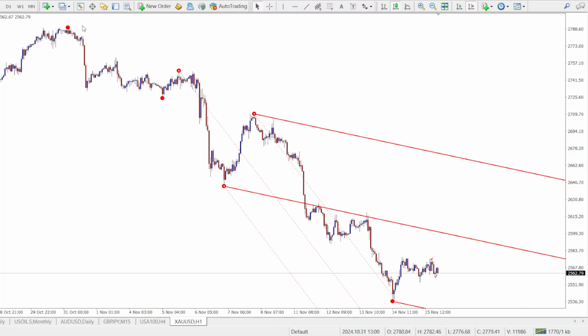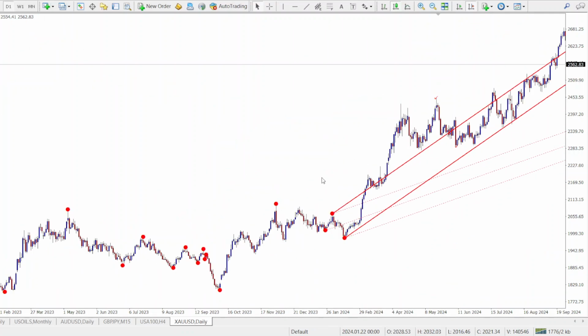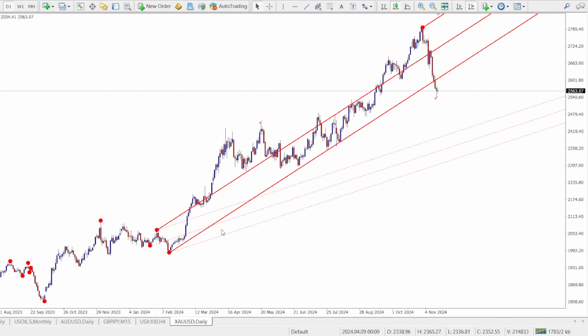All right, so let us just go to a higher time frame and let's see. So we can see now in this time frame, we can see that it was a bullish trend, right? It was a bullish trend, and if you notice, the channel is parallel, right? It's a parallel channel. The trend lines are actually parallel.